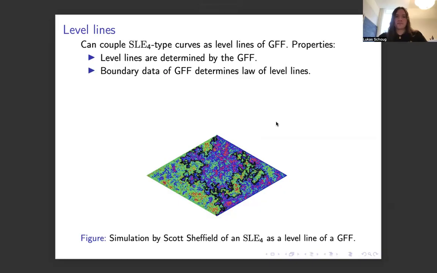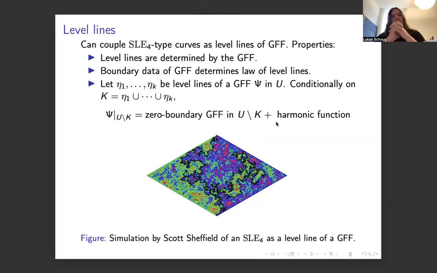The boundary data of the GFF determines the law of the level lines. And if you look at what the GFF looks like outside of the level lines, then you again see a zero boundary GFF plus a harmonic function.